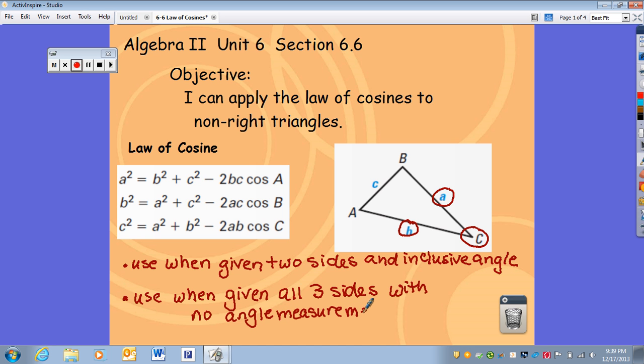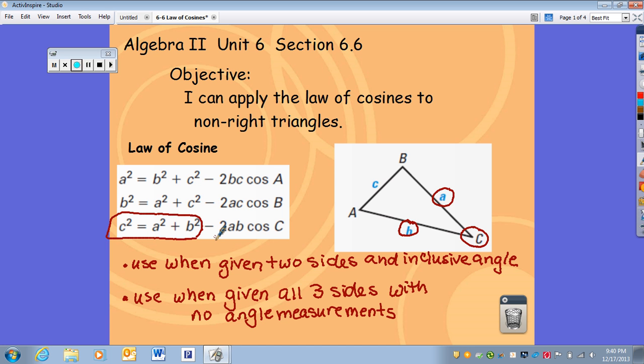And you'll notice that even though there are three formulas written down, they really are all the same. So basically, a squared plus b squared minus 2 times ab times the cosine of c equals c squared. So you can recognize in these particular formulas that we have part of the Pythagorean theorem embedded in here.